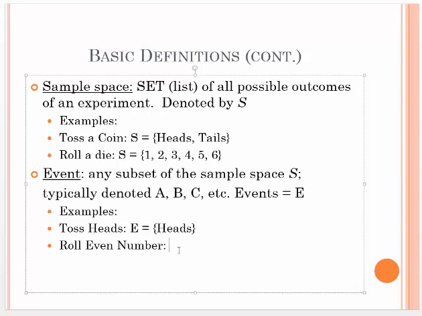If you roll an even number on a six-sided die, the possible outcomes are the numbers 2, 4, or 6. So a sample space is all the possible outcomes, but the event is just the subset of what I'm interested in, like just the heads or just an even number.